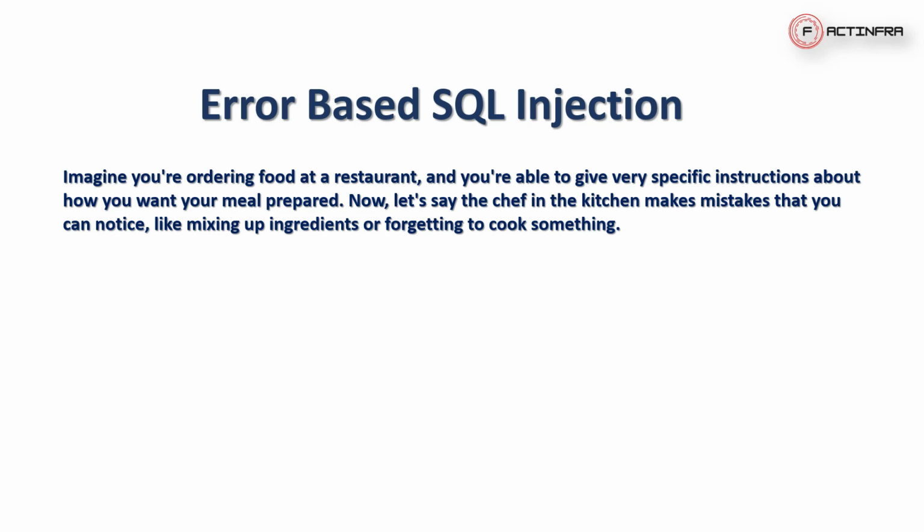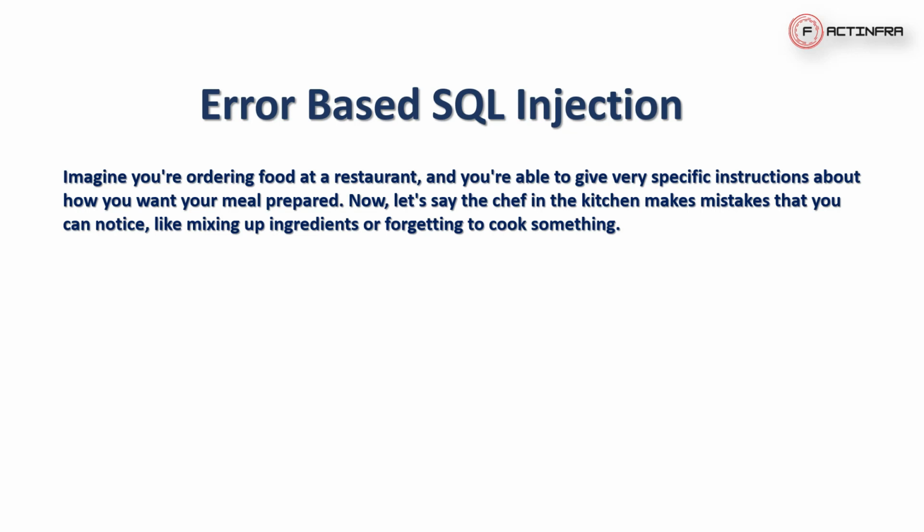If we inject a single quote or some irrelevant SQL-based query into the vulnerable web application, and the web application interacts with the backend database, and the database gives us a direct response as an error after the result of our malicious SQL query, then it is error-based SQL injection.